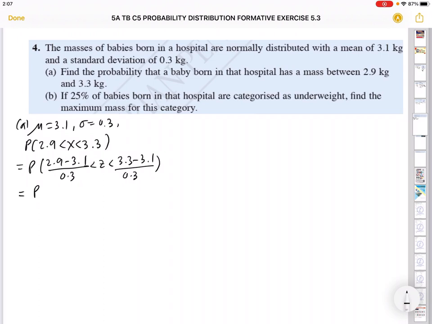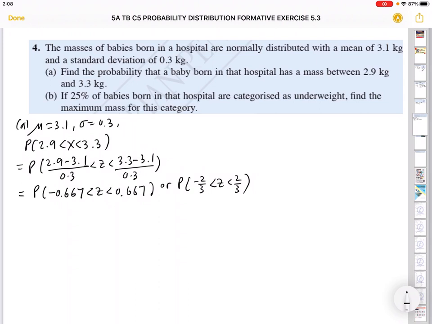If you want to use the mathematical table, you have to round the z value to 3 decimal places, because you can't read a z value with more decimal points. So you round this off to negative 0.667, and this is 0.667 as well. But if you use a calculator directly, this will be negative 2 over 3, and this will be positive 2 over 3, right? The textbook answer is based on using the calculator directly, just so you know.